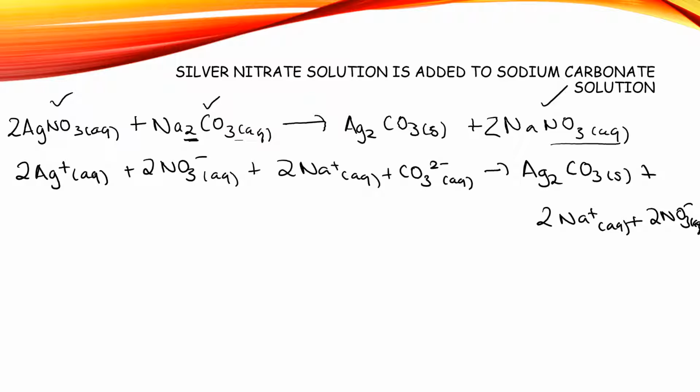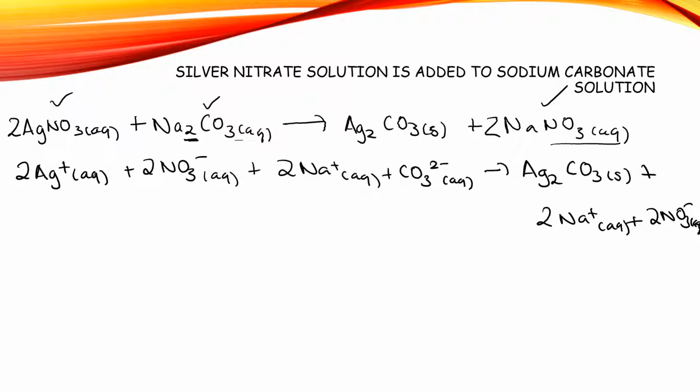Now, we have to work out what's participating and what is a spectator. If you look at this, the silver ions here go from being in solution to in a solid. So they're doing something, so they're going to stay. The nitrate ions here are in solution, and here they're still in solution. You can tell nitrate ions aqueous, nitrate ions aqueous.